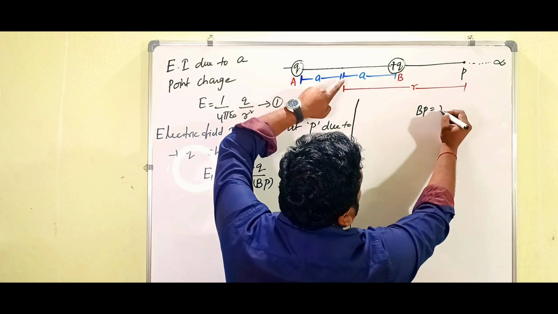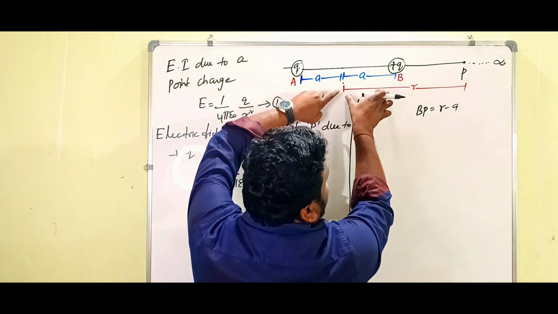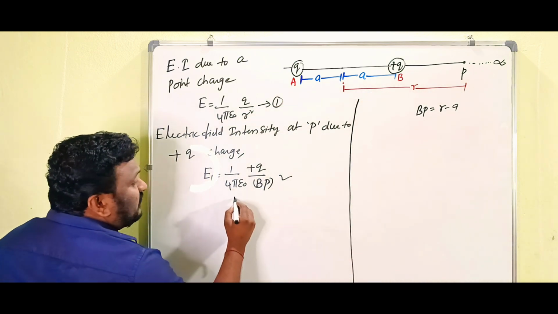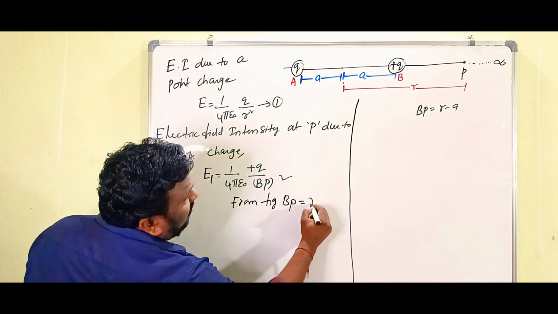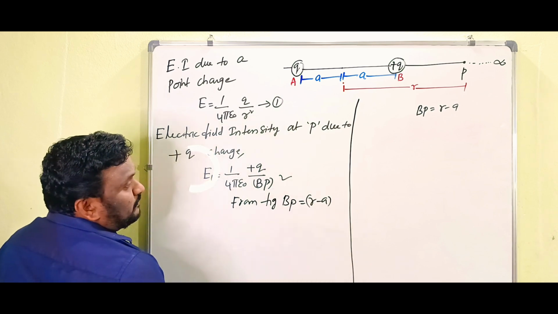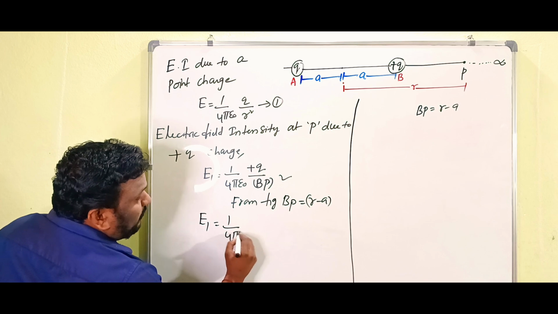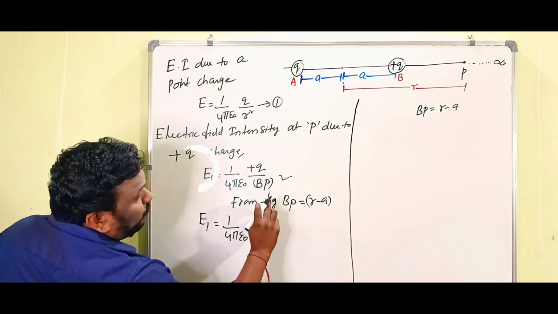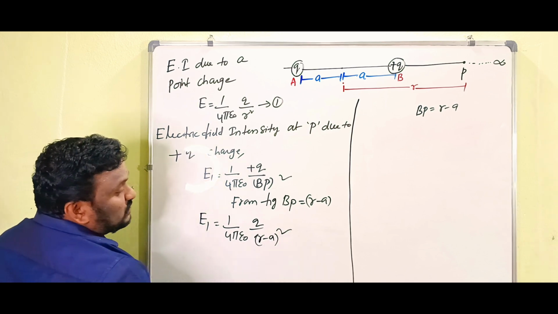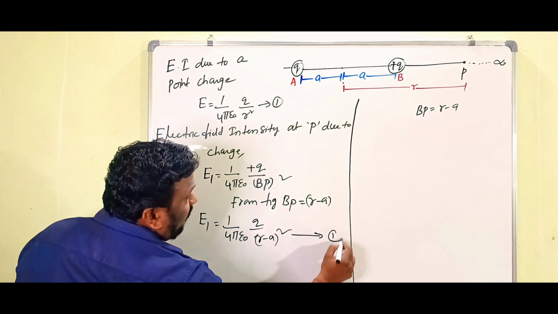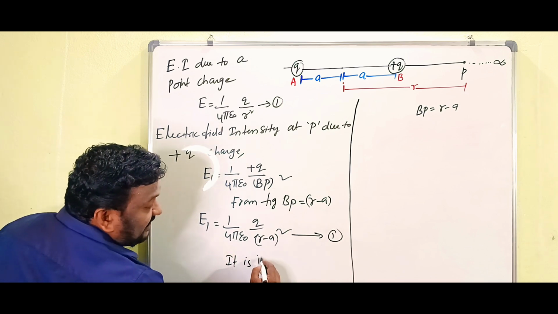From the figure we have to write R minus A. We need the distance from here to here, so from this we remove A. Therefore from figure, BP is equals to R minus A. Therefore E1 is equals to 1 by 4 pi epsilon naught q by R minus A whole square. This is the equation number 1.